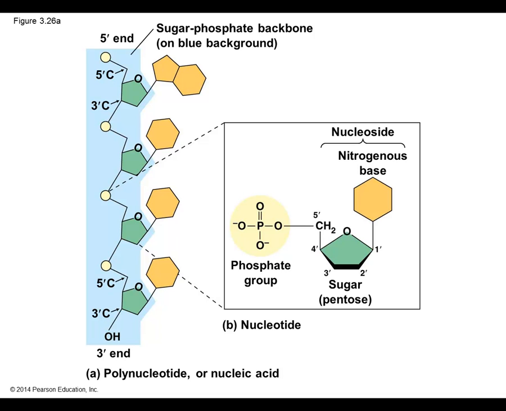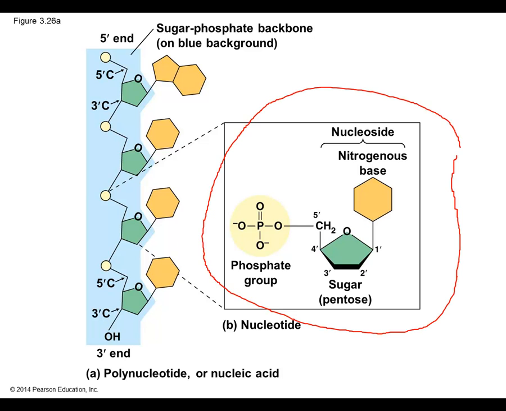Each polynucleotide is made of monomers called nucleotides. So this square here is your nucleotide. And each nucleotide has a nitrogenous base, a pentose sugar, and a phosphate group.